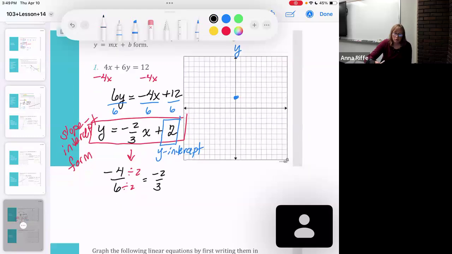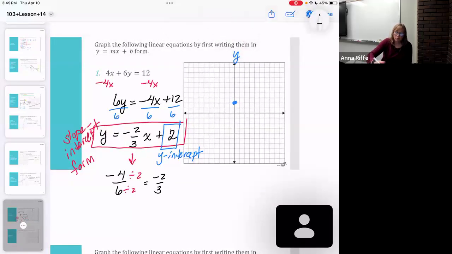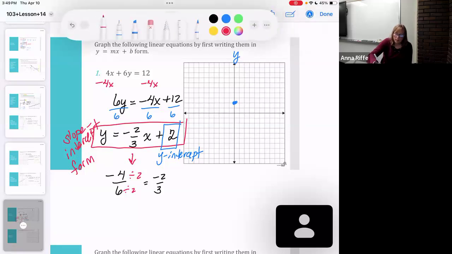Now I can use my slope to determine other points. So that slope negative 2/3, I can interpret that as the rise over the run. The previous one did not have a negative sign. Whenever your slope is negative, one thing we talked about is we can expect the line to be going down, left to right.